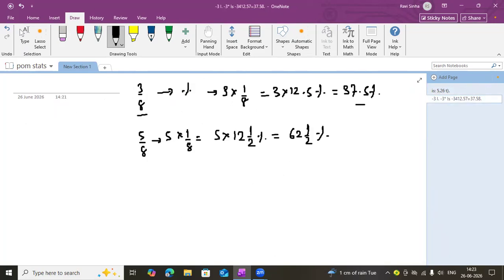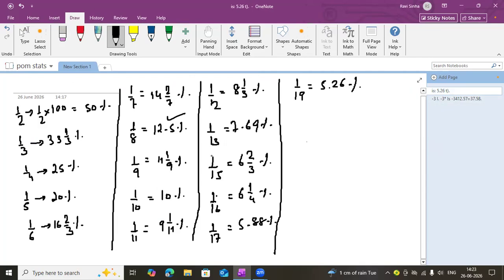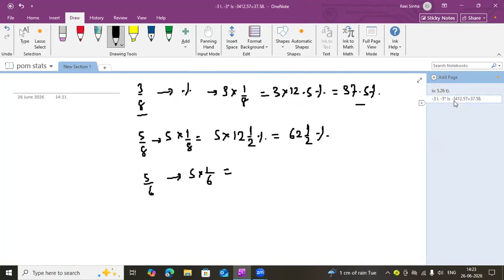So let us see some more problems. For example, we need to convert 5 by 6 into percentage. So this can be written as 5 into 1 by 6. Now 1 by 6 converted into percentage is 16 2 by 3%. So 5 into 16 2 by 3% is 83 1 by 3%.